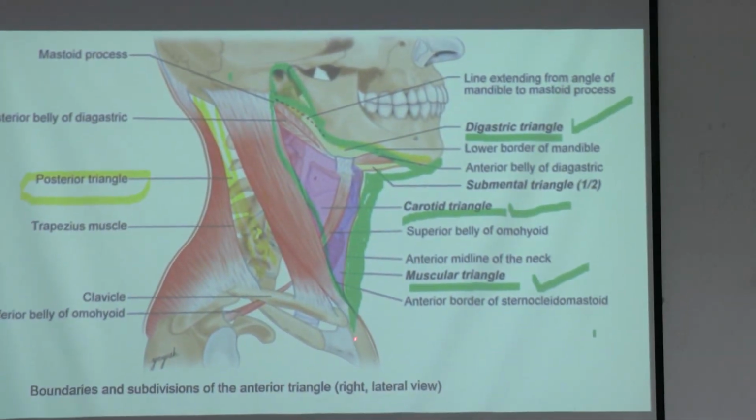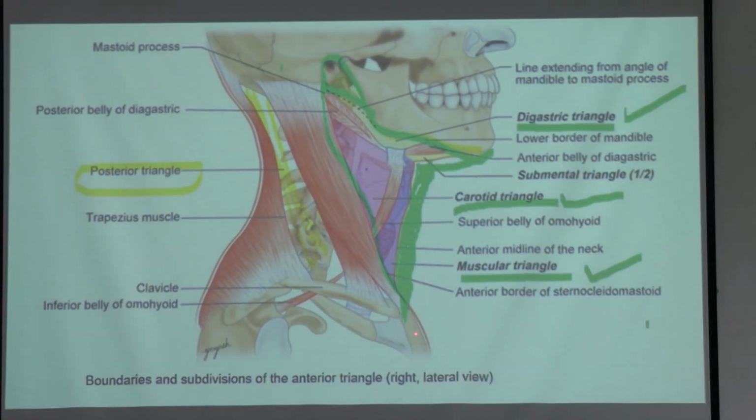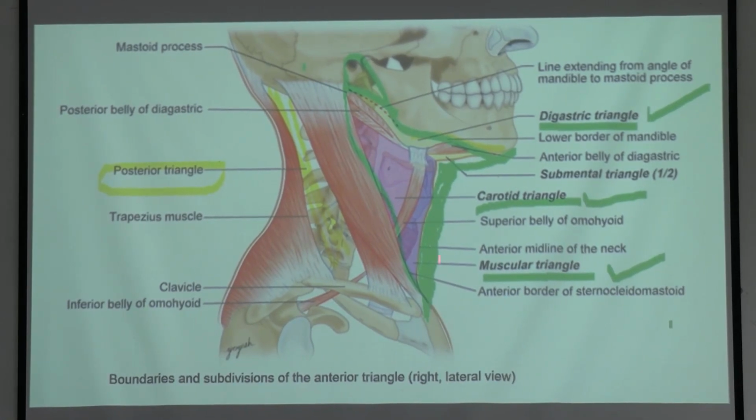This is the area where we get some strap muscles which originate from the sternum. Either it goes up to the hyoid bone, or it goes up to the thyroid cartilage. So sternohyoid, sternothyroid, and from the thyroid cartilage to the hyoid bone, that is the thyrohyoid.